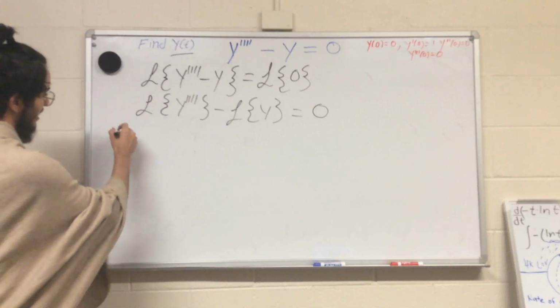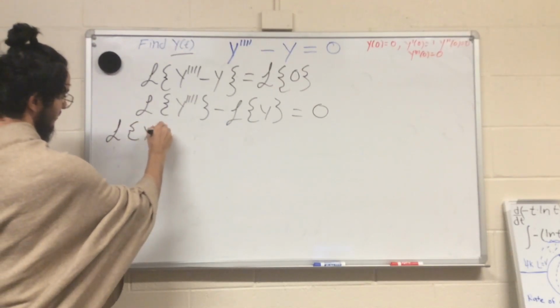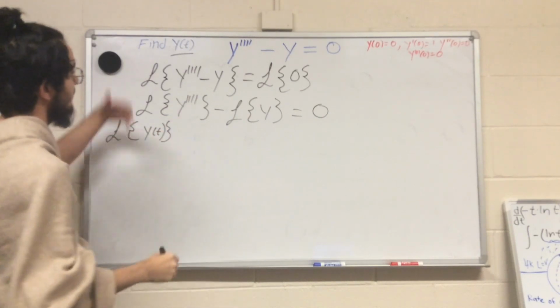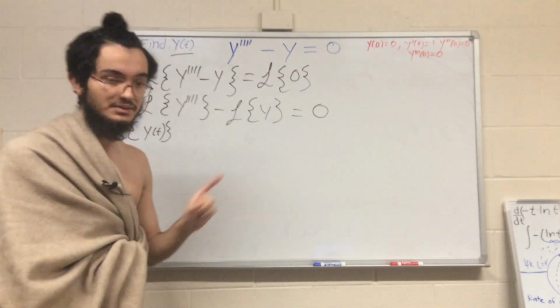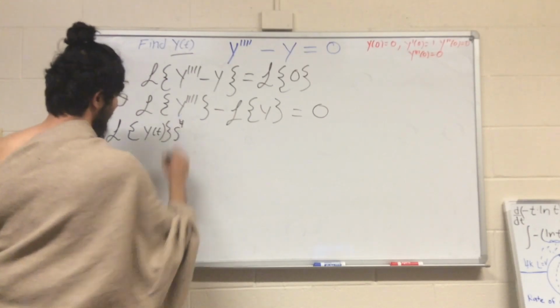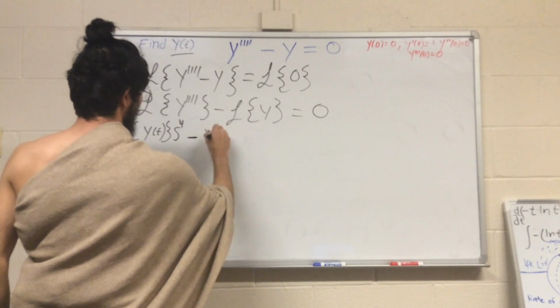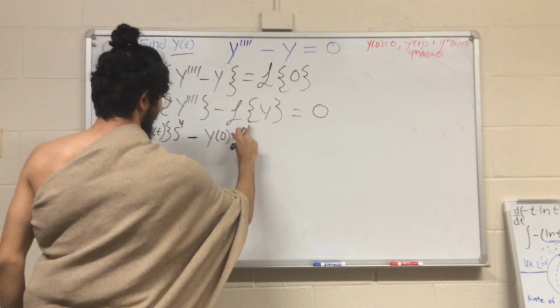From this we have the Laplace transform of y of t multiplied by s to the nth. Now we're taking the Laplace transform of the fourth derivative of y, so n is 4 for the first one, so s to the fourth power. Then we subtract y of 0 times s to the third.